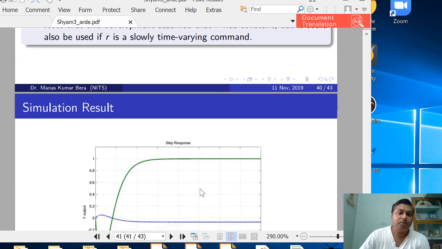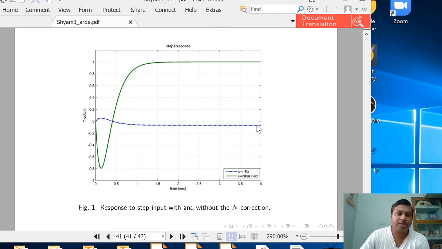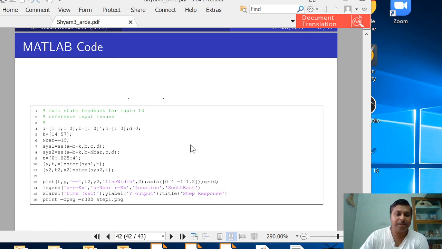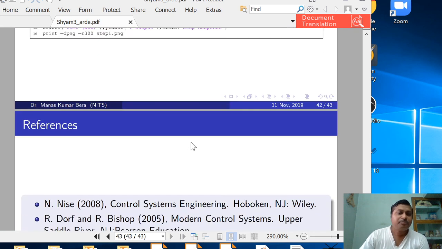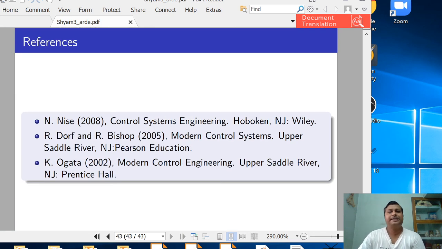So it settles in the negative direction. If we want to track it, we have to multiply the r with N bar, and we find that if N bar is equal to minus 15, it settles at 1, meaning the output tracks the step input. The corresponding MATLAB code is there, and this is all about state feedback control.